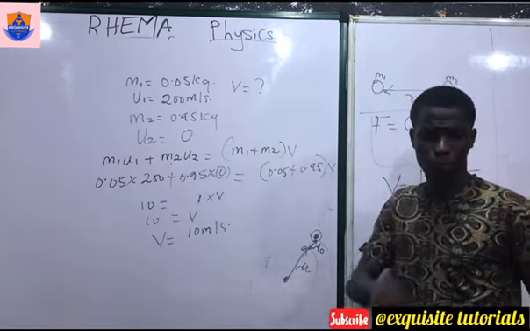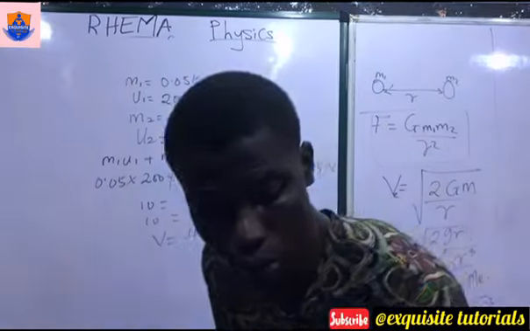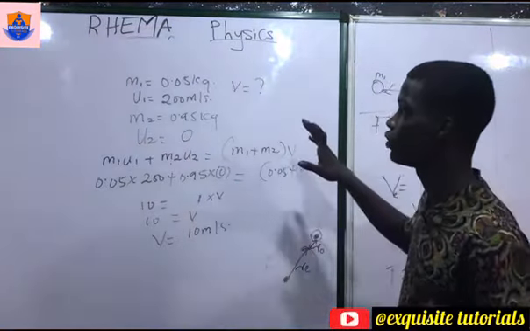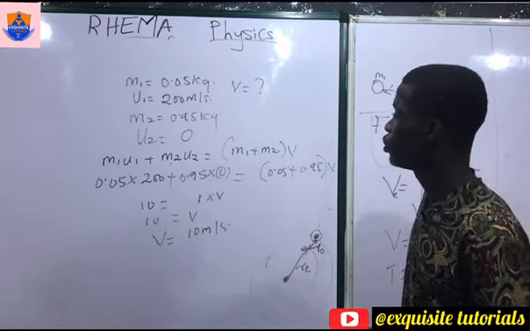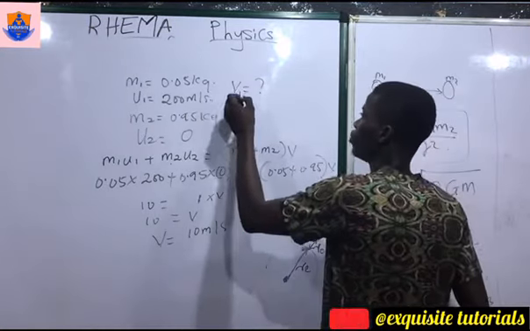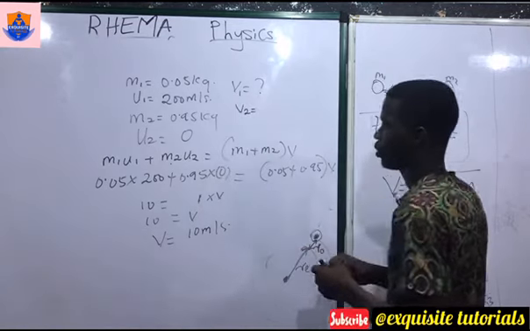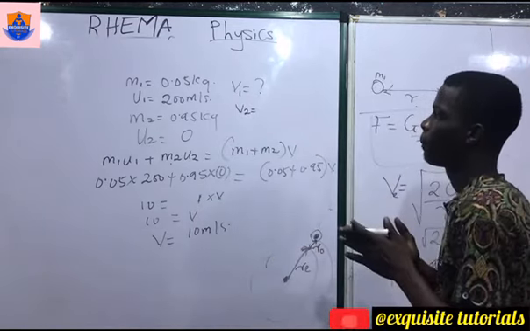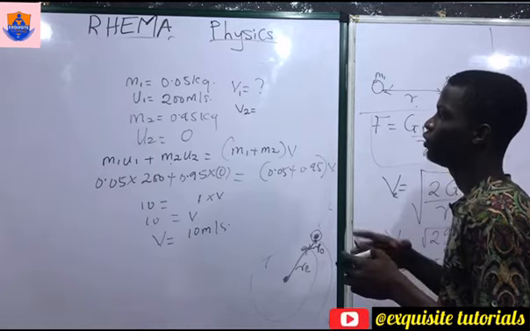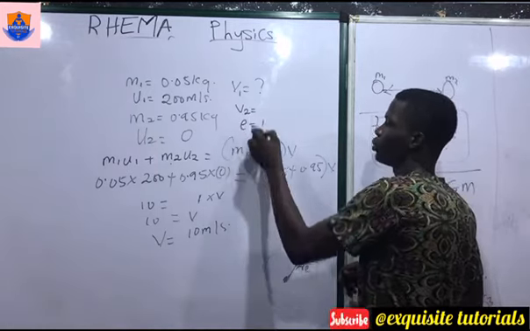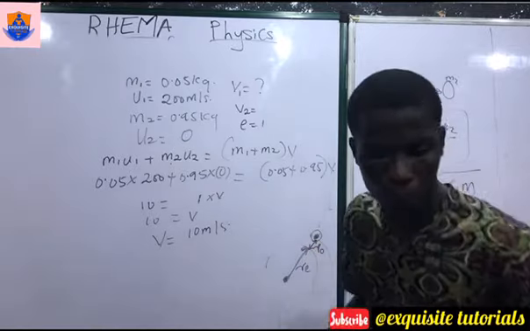Now, when it has to do with the equation of restitution, I don't know if I can formulate it from here. But let's assume the question gives us v1, v2, and the coefficient of restitution to be 1.